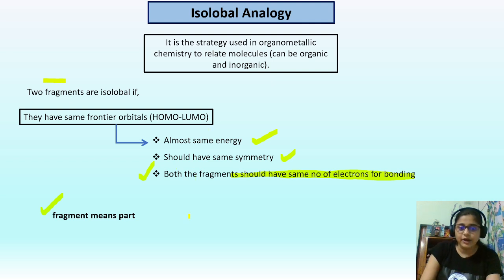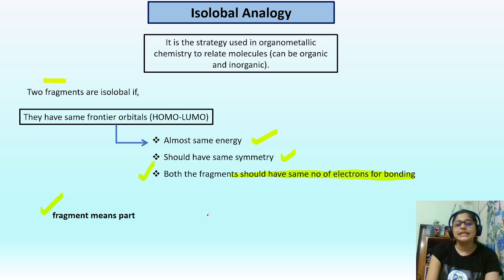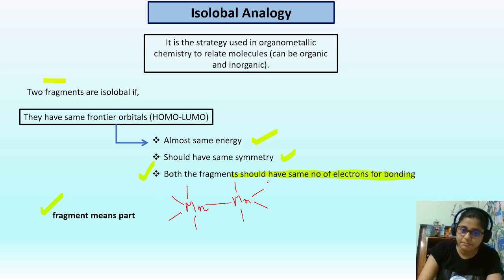Let's, for example, say I take the pen. Let's say this image: CO, I'm just assuming, Mn, CO. There are COs present. So what can be one of the fragments?